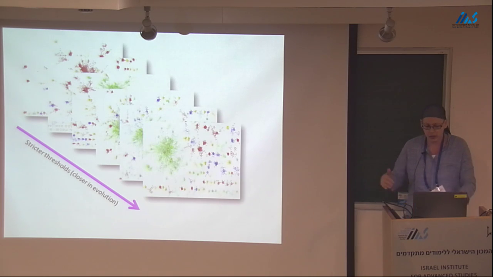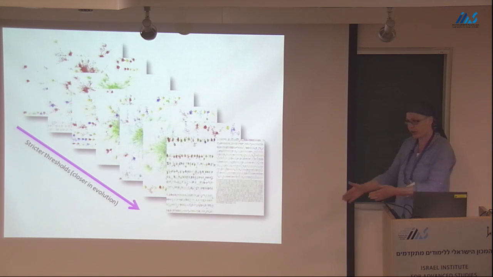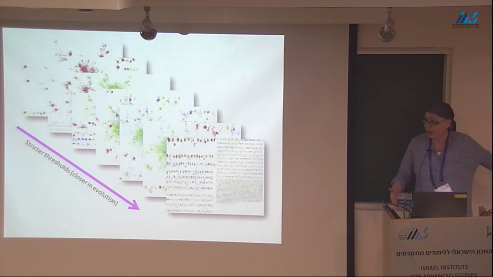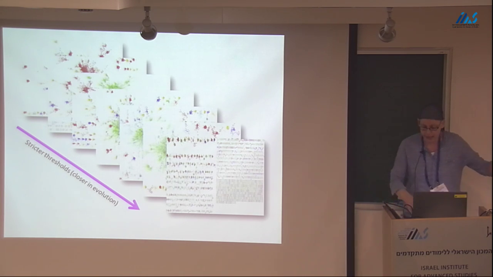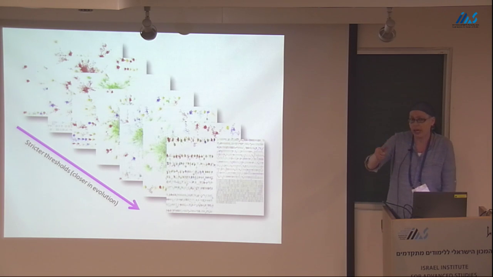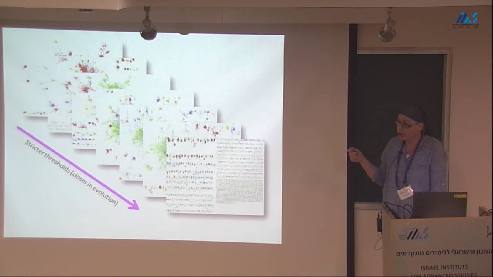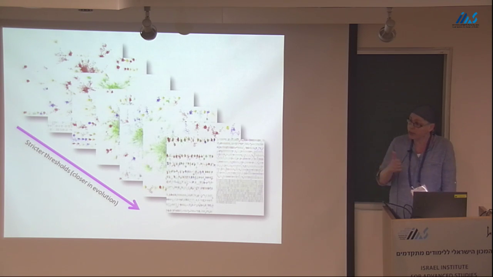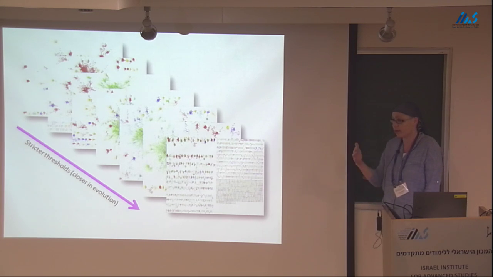If the thresholds are super strict, it means you're just looking at yesterday. And if the thresholds are very lax, you're looking further away in evolutionary time. And this ability of changing the thresholds gives you a hint of how it disintegrates in evolution, right? So maybe you could vary the thresholds and look at all the pictures that you get and get a picture from that.